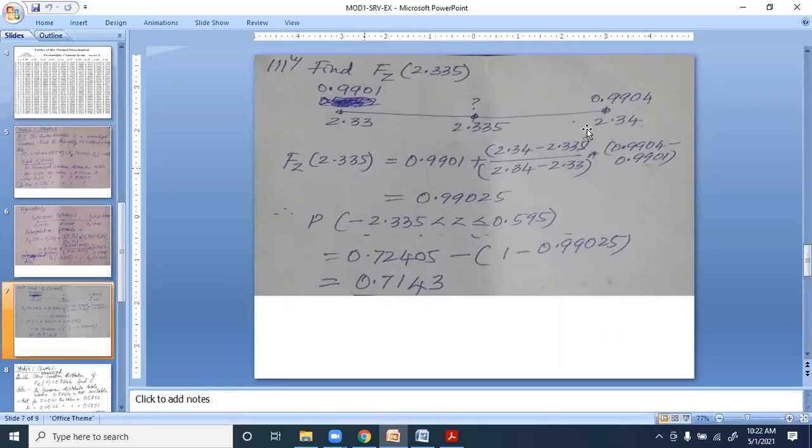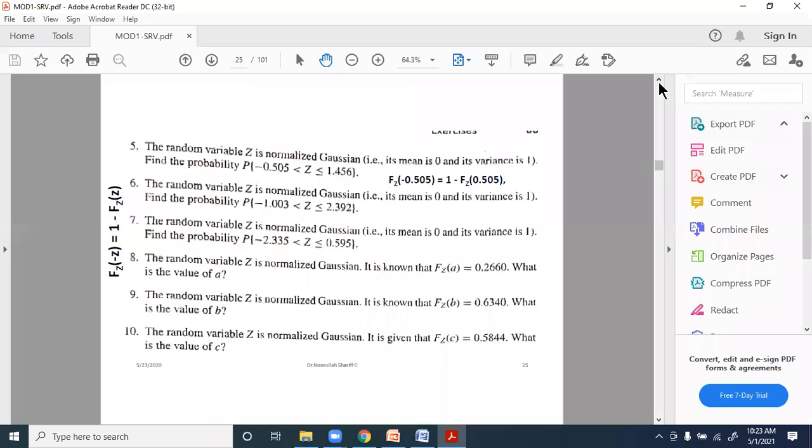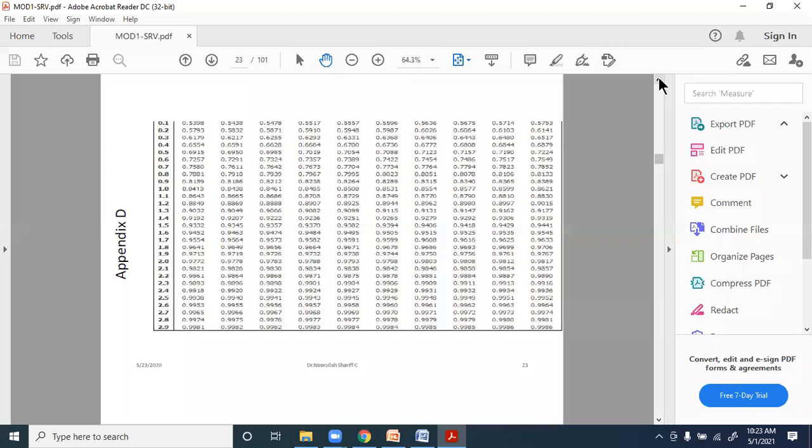F(2.335) is what we are trying to find out. So 2.335 is between 2.33 and 2.34. At 2.33 in the table, we'll get 0.9901. At 2.34, you can get the value 0.9904. Again, we can check in the table. I'll go for the table here because that is convenient to me.